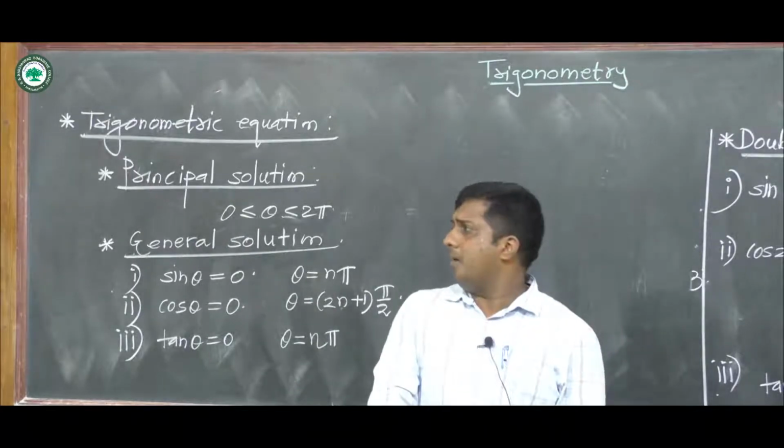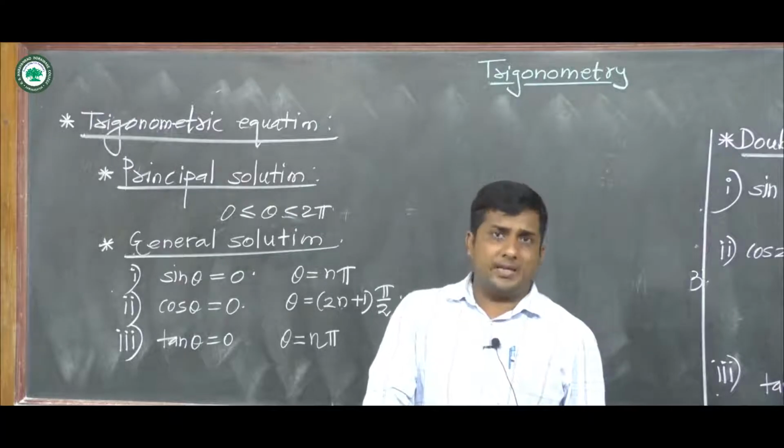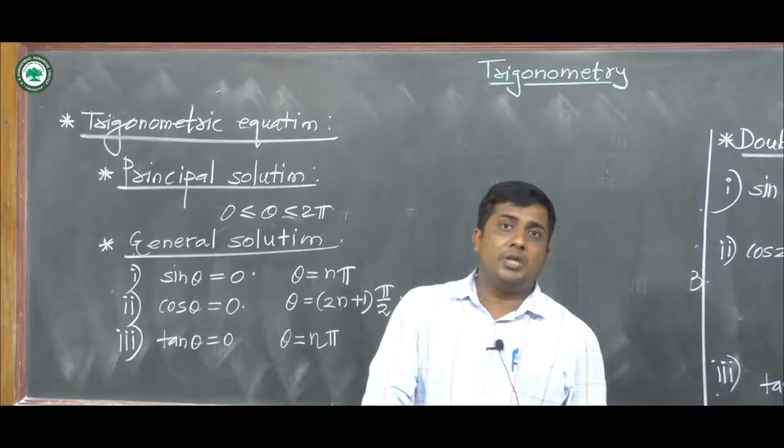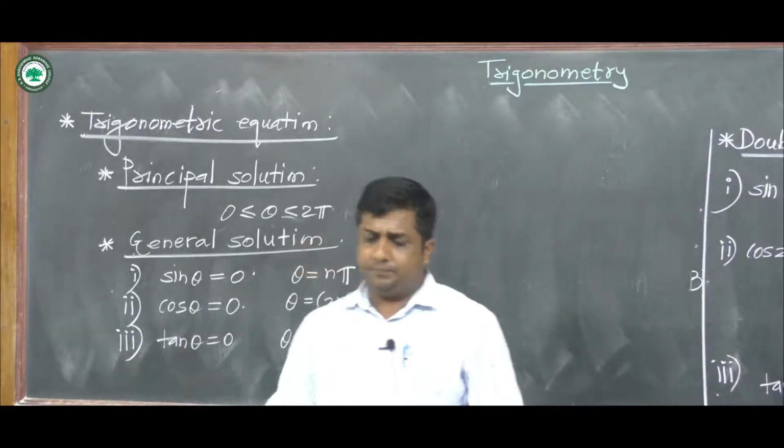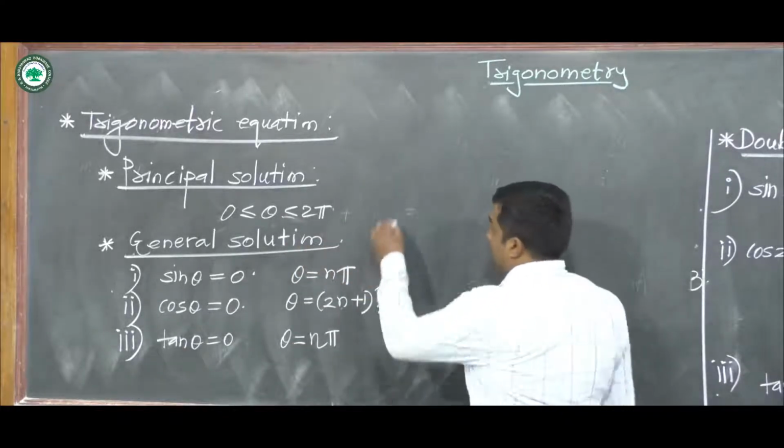Remember that for sec and cosec, the general solution does not exist. Then we go with the next point, the fourth.